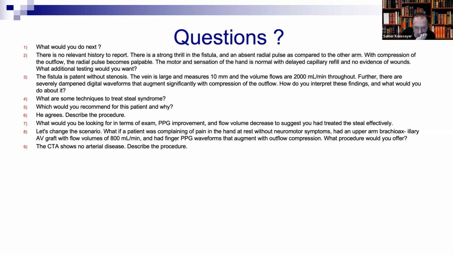Correct. What size? Usually we use 6 millimeter. 6 millimeter, correct. So you use a 6 millimeter PTFE graft. So really you convert it from brachioaxillary to axillary AV graft, correct? Yeah. And what do you do with the anastomosis of the graft with the brachial artery?